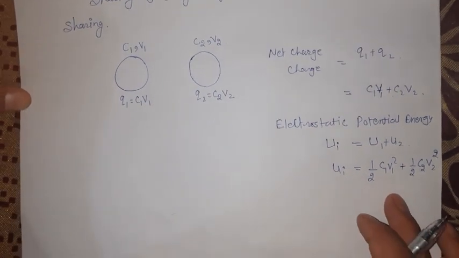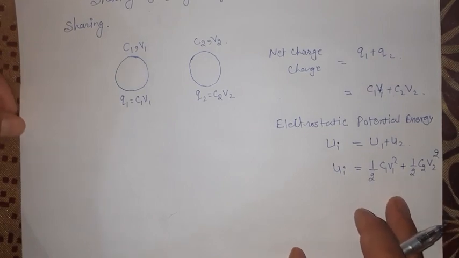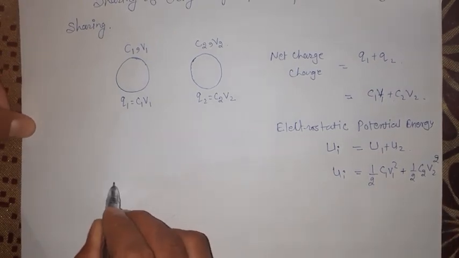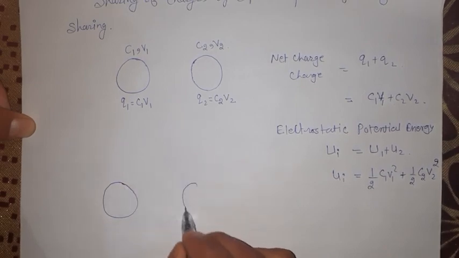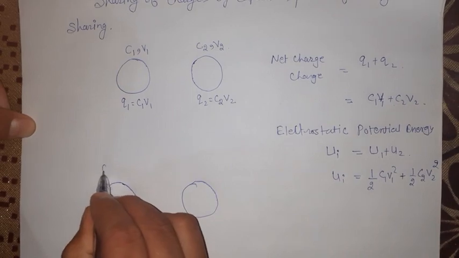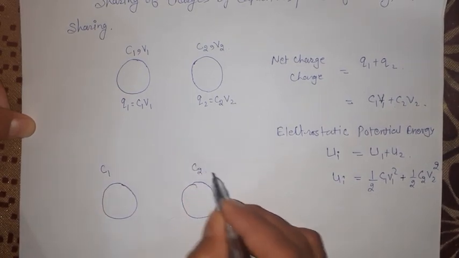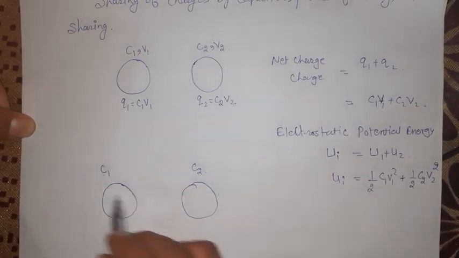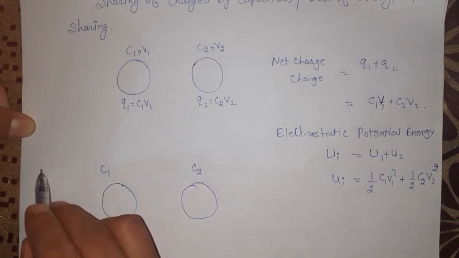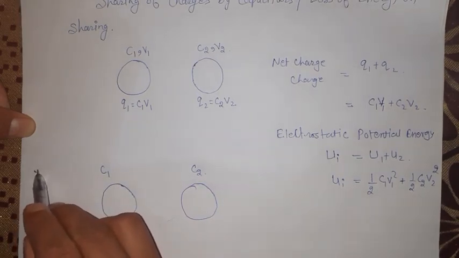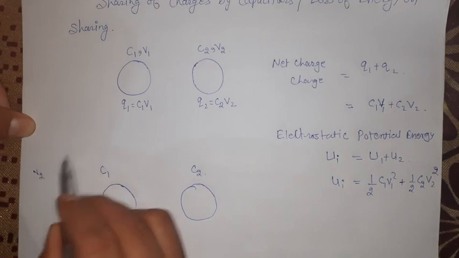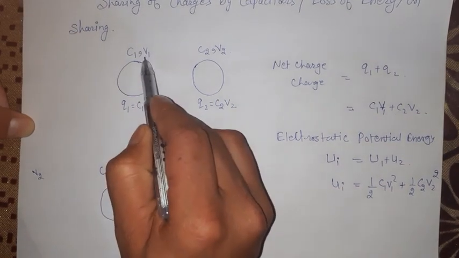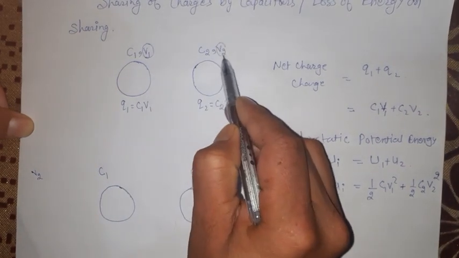Now, students, let us connect these two capacitors. This is the first, with capacitance C1, and this is the second, with capacitance C2. Recall the previous concept we studied: one potential is V1 while the other is V2.